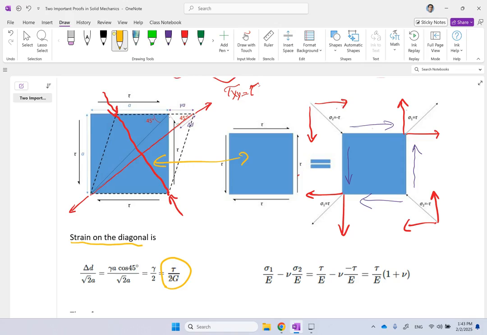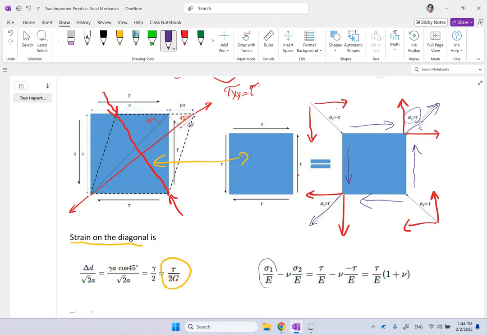Well, on the right side, in this direction, whatever this direction is, you have tension. And the amount of the normal stress in this direction is tau. So tau divided by E is going to be epsilon in that direction, okay?